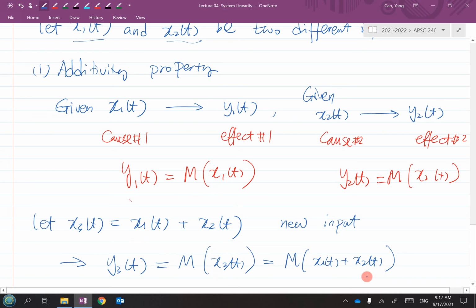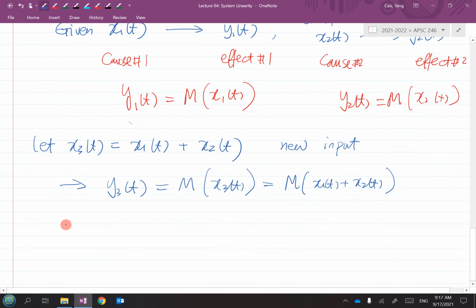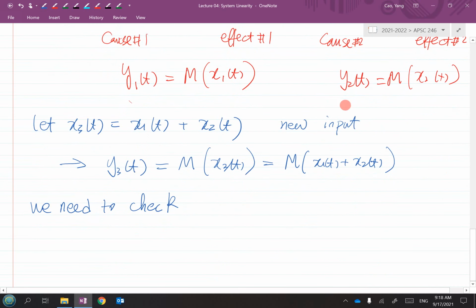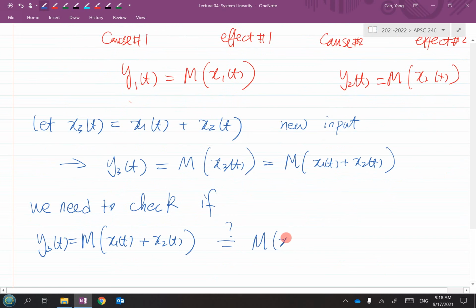The key is the next line. We need to check if this y3 of t, which is M of x1 of t plus x2 of t, this new output, is equal, for now with a question mark, to M of x1 of t plus M of x2 of t?